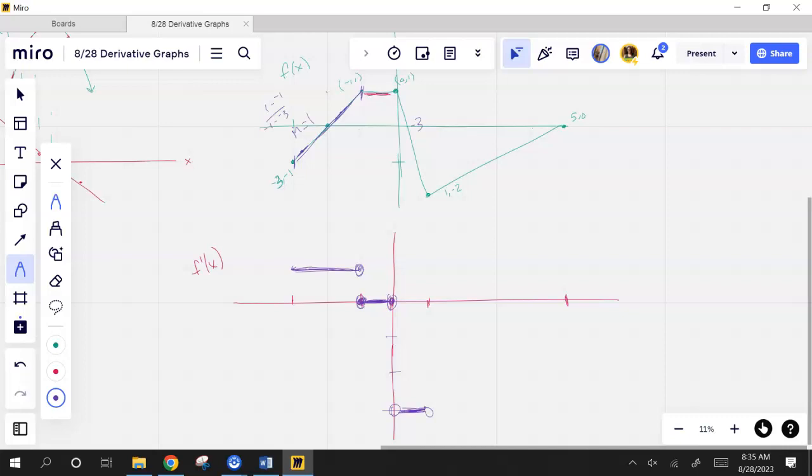Next one. One half? I don't know, I didn't calculate it. So 1/2 between 1 and 5.